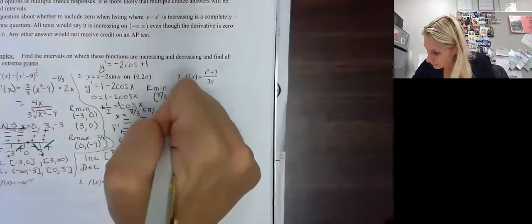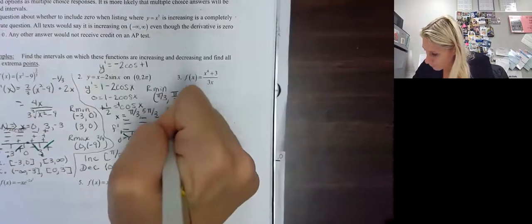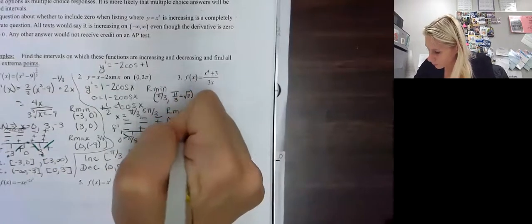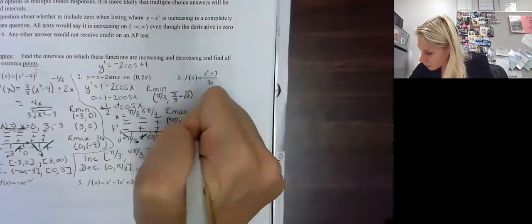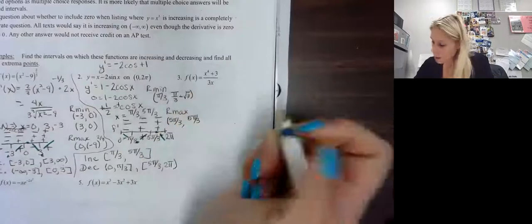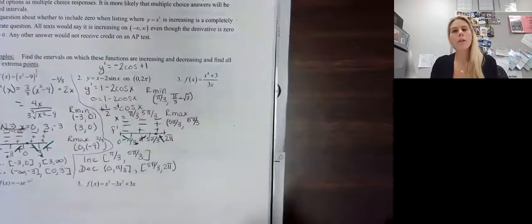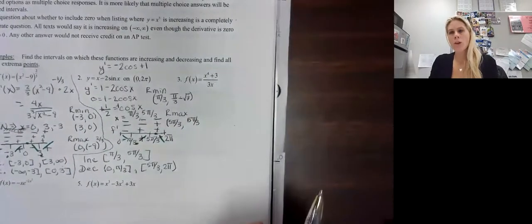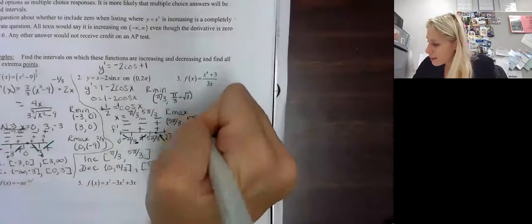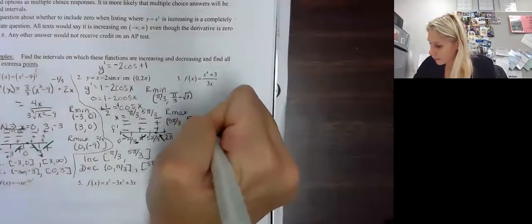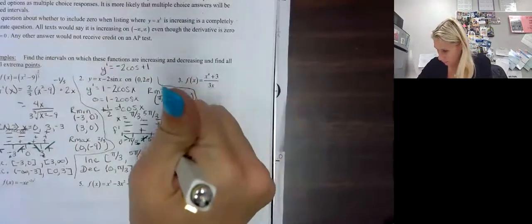Relative max, we've got that at 5 pi over 3. So we're going to do the same thing. So when we plug it into the original, we get 5 pi over 3. Now in this case, because sine of 5 pi over 3 is a negative square root of 3 over 2, the 2's cancel, but a negative times a negative is a positive square root of 3. And we're done. Not leaving myself much room, am I?